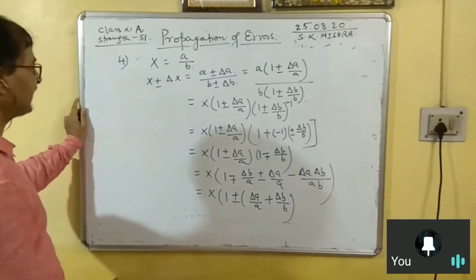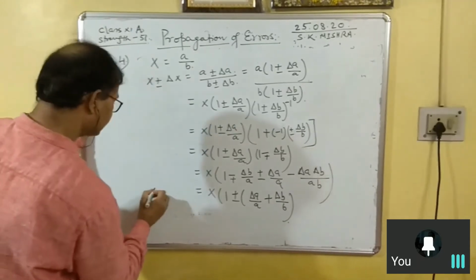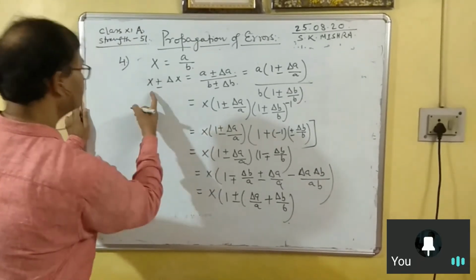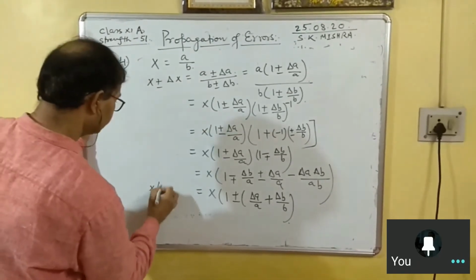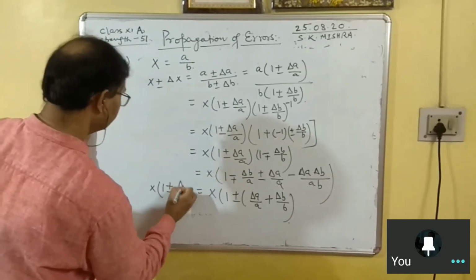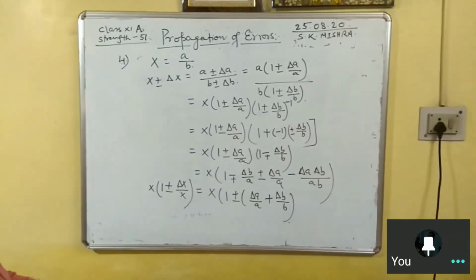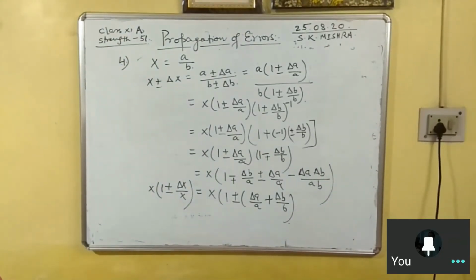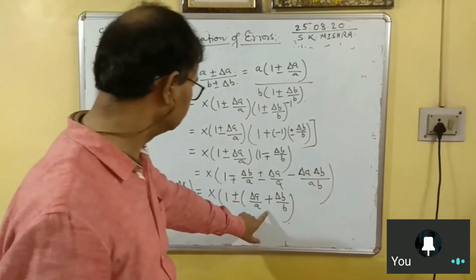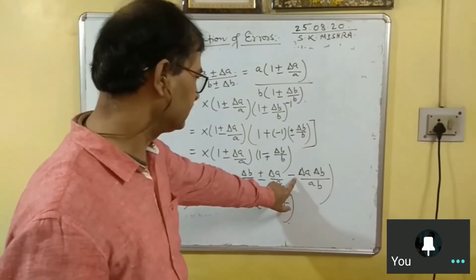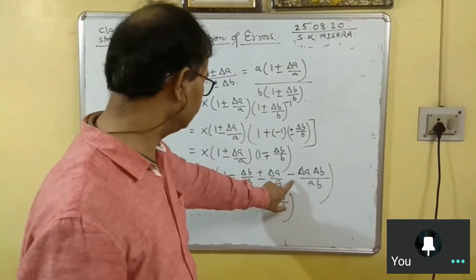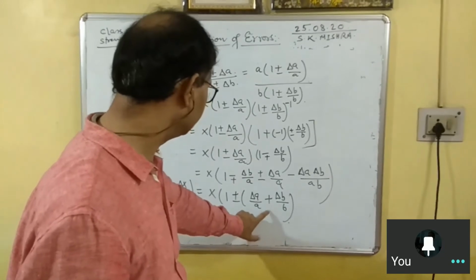And this side, can we write X? You just take X common. So it is 1, here, minus, minus this one, no?